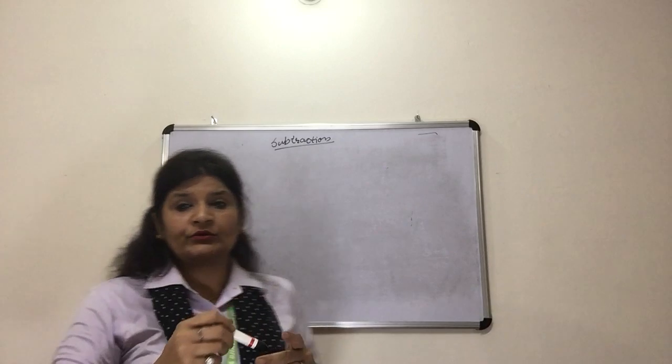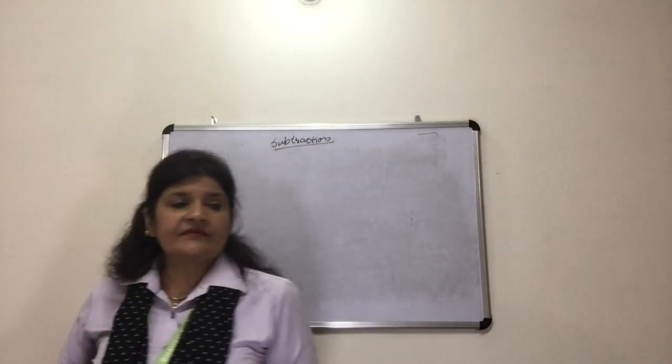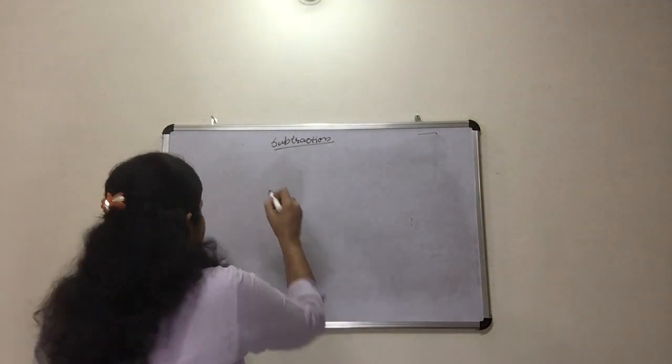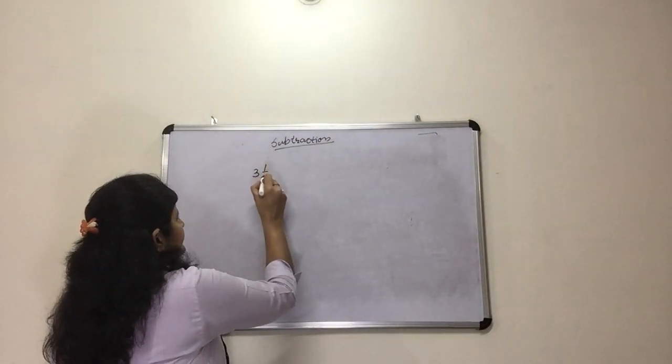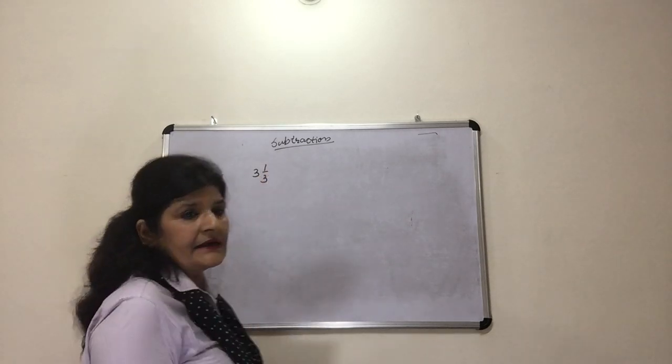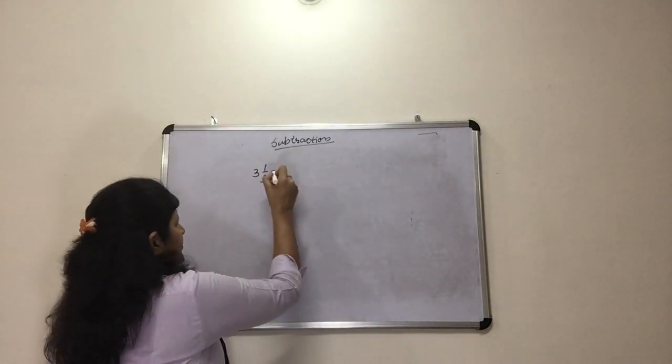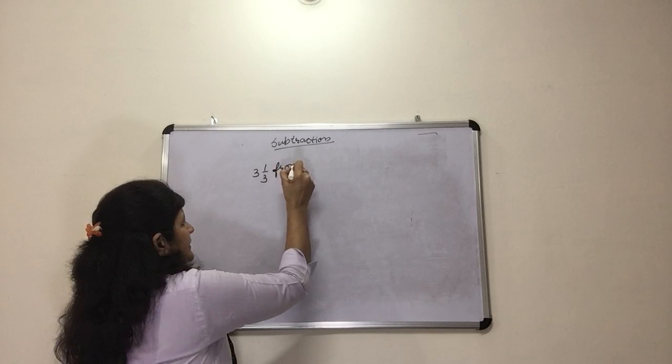Now see how we will do the subtraction with the help of some example. Now suppose I am taking 3 1 by 3 and 6 1 by 4 from.